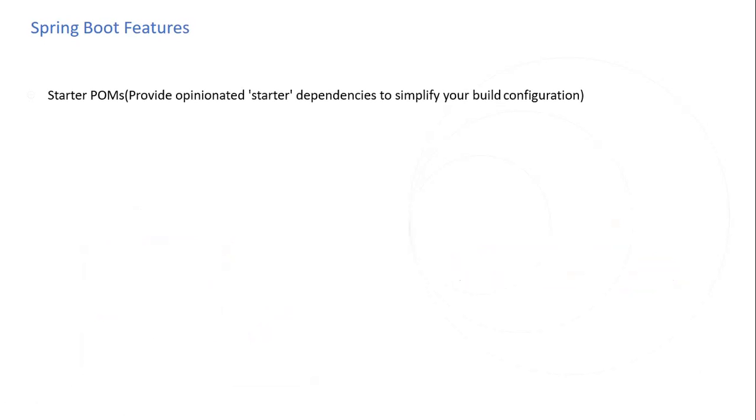Now understand the features Spring Boot provides. Why is Spring Boot more popular? First of all, Spring Boot provides starter POM files. Suppose you want to develop a web application.